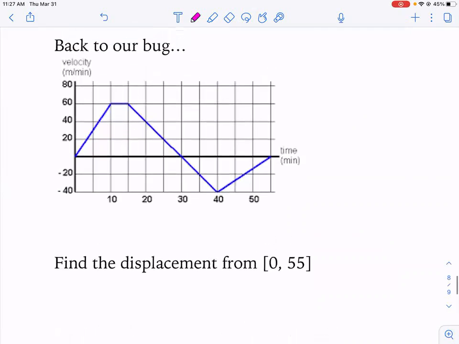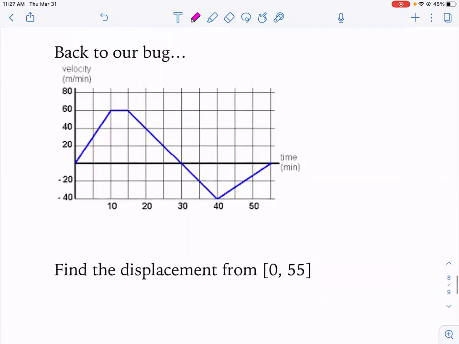Go back to our bug. If I ask you for the displacement of our bug, we start calculating some area here. What is the area of this triangle right here?